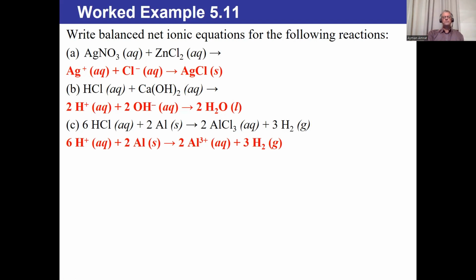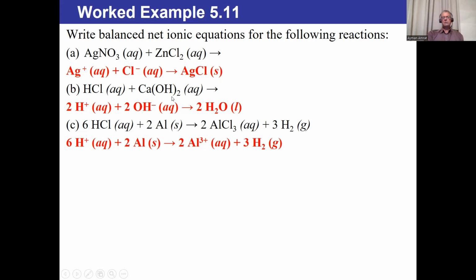The spectator ion Zn2+ can be cancelled in both cases, along with nitrate. The net ionic equation is Ag+ aqueous plus Cl- aqueous produce insoluble silver chloride, AgCl in the solid state.